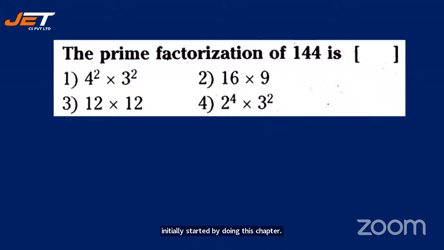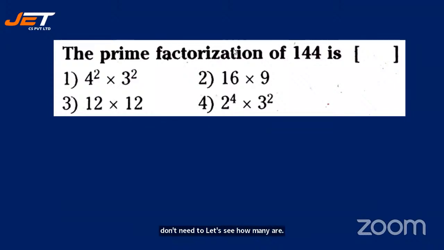The prime factorization of 144 is dash. Is it 4 square into 3 square? Is it 16 into 9? Is it 12 into 12? Or is it 2 power 4 into 3 square? Let's see how many. This is very simple. You don't need to calculate at all. Let's see how many are going to give me the answers. Shivakumar says 3.